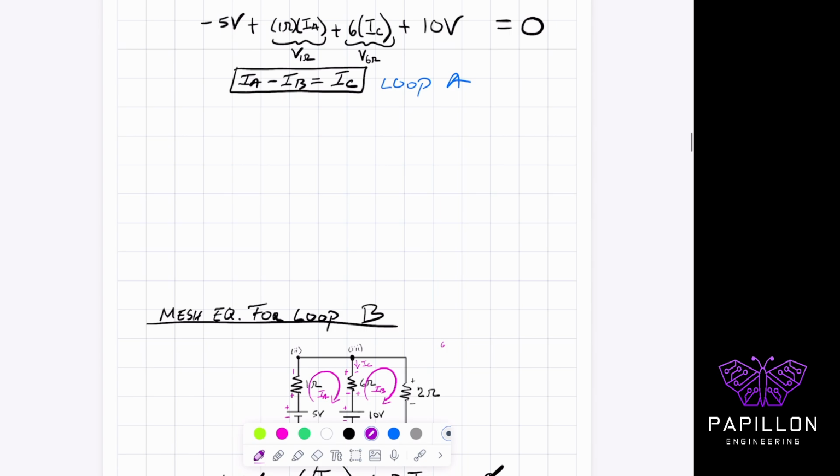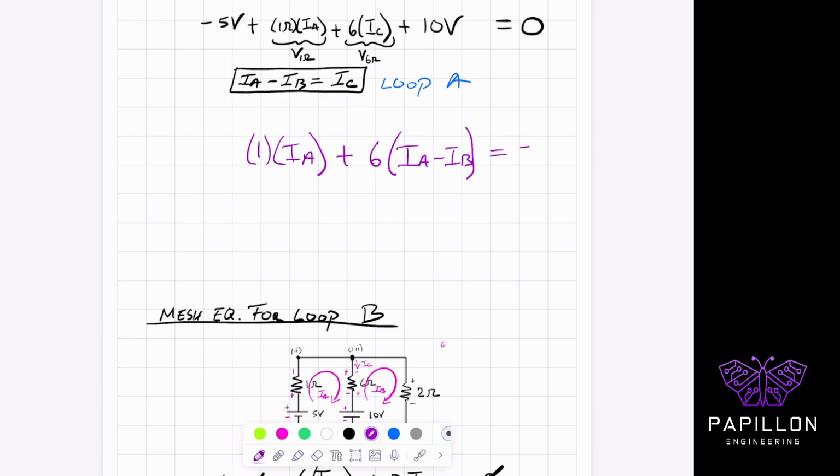So at this point, we're going to try to solve for KVL. We have the minus 5 volts on the left hand side. I'm going to move that to the right hand side. So I'm going to have the 1 ohm multiplied by IA, plus 6, and wherever I have the IC, I'm going to put here IA minus IB. Then I had a minus 5 volts and a positive 10 volts, so I can treat that as positive 5 volts.